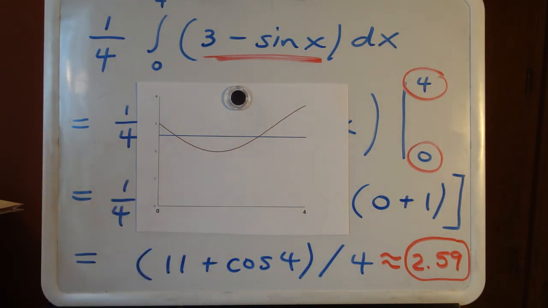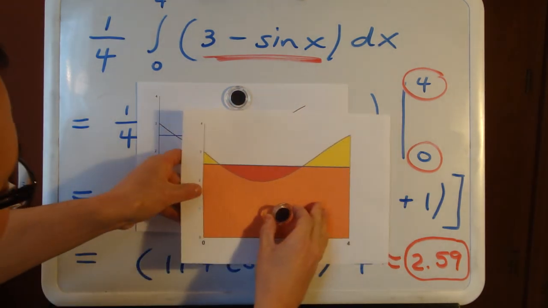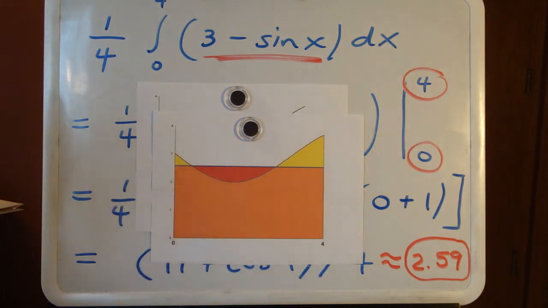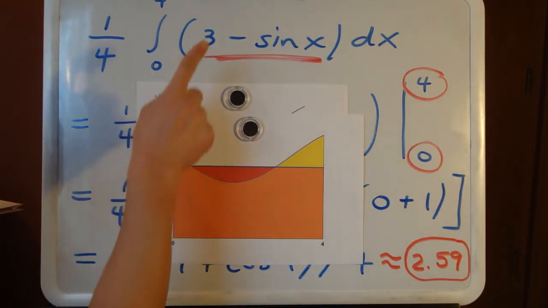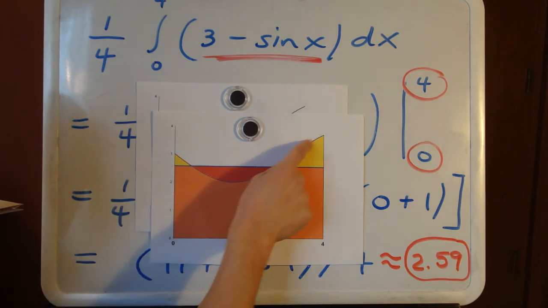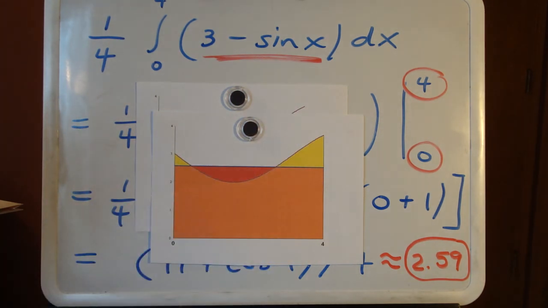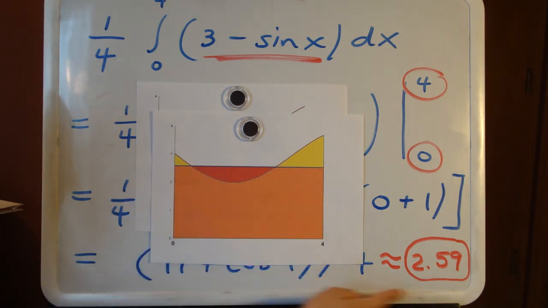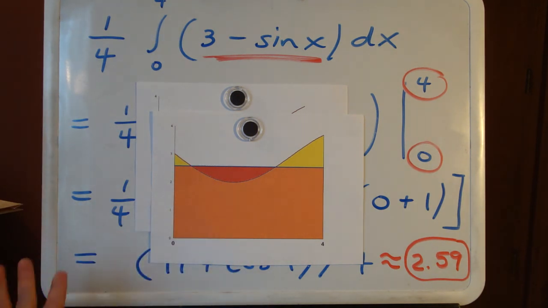I'm trying to illustrate this in color with this graphic. This is the exact same graph as the previous one, except with some color. The area underneath 3 minus the sine of x, this little portion here, I shaded in yellow, and that's going to be equal to some value. And then the area of just the rectangular portion, just under y equals 2.6, I shaded in red.